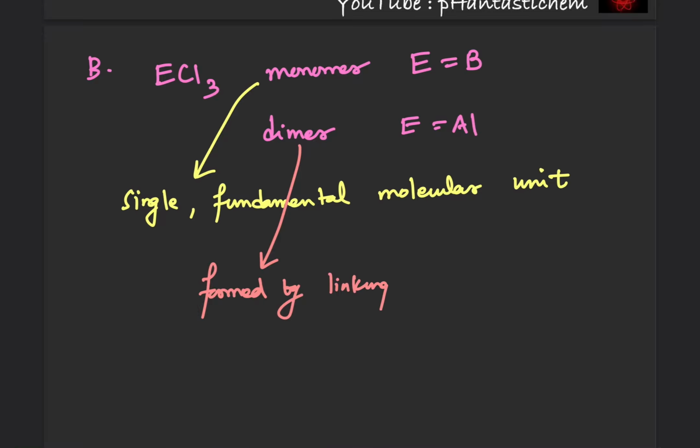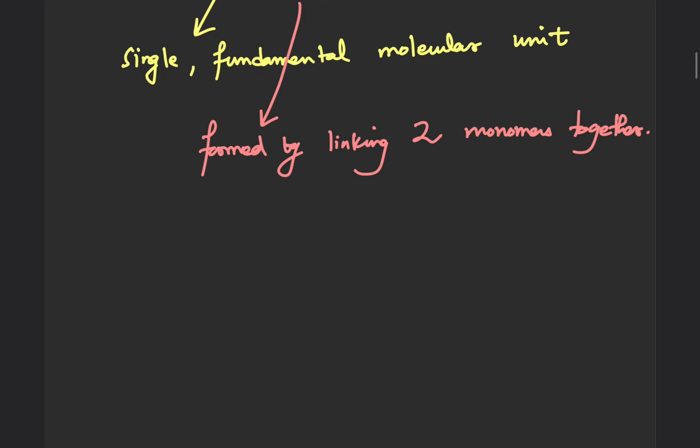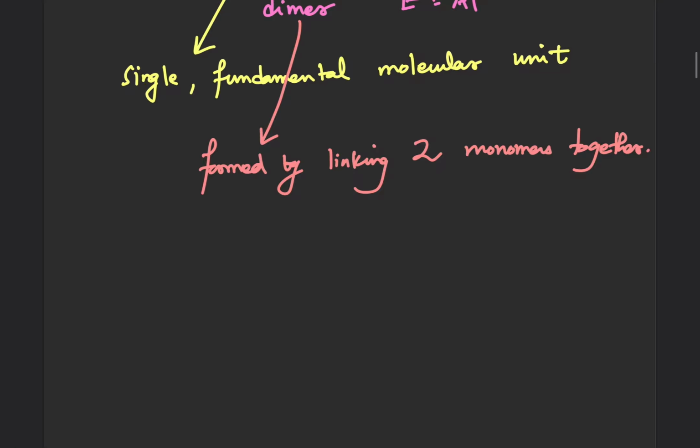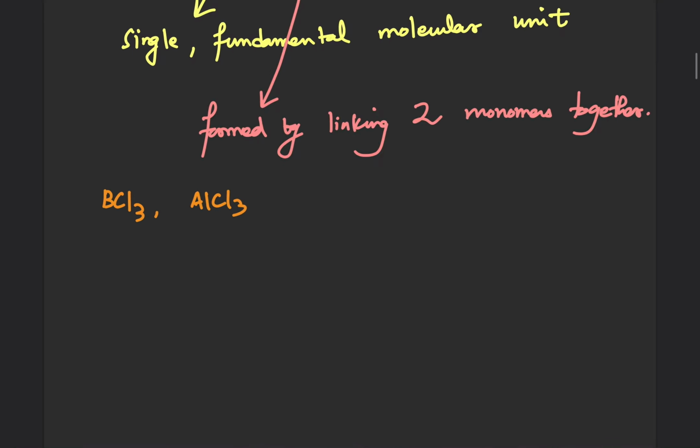Okay, in both BCl3 and AlCl3, the number of electrons around the central atom is only 6.